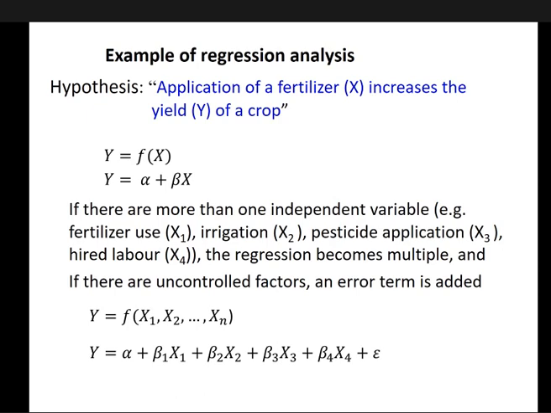And then these X1, X2, X3, and X4 have respective coefficients, beta 1, beta 2, beta 3, and beta 4, which are used to see how much each of these X's contributes to the changes in Y. And finally, the error term caters for the uncontrolled factors or variables.